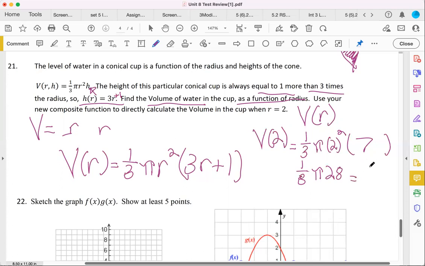And so at the core of this, you could say that this volume is going to be 28/3 pi. And do we have units? No. So you can say that this is units cubed. Hope that makes sense.